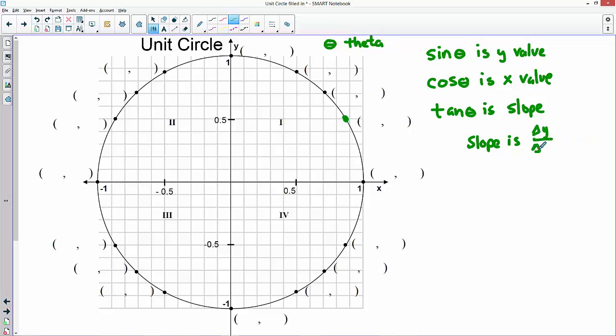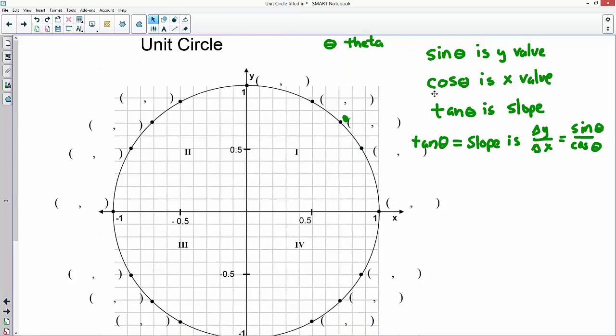So tangent is just the sine of the angle divided by the cosine of the angle, okay? So anytime somebody asks you for what the tangent of theta is, you can just tell me what the sine of that angle is and divide it by what the cosine of the angle is. But it's easier, of course, to memorize our rules.